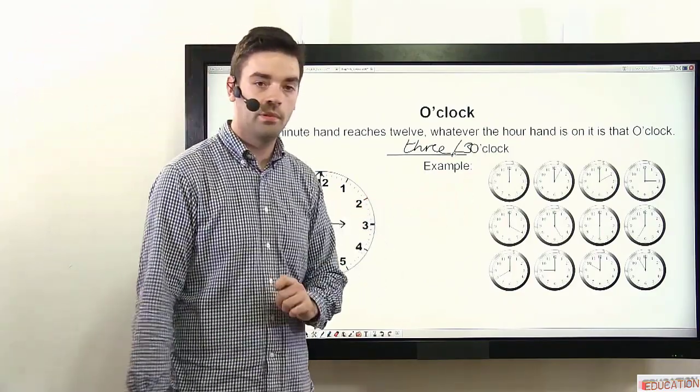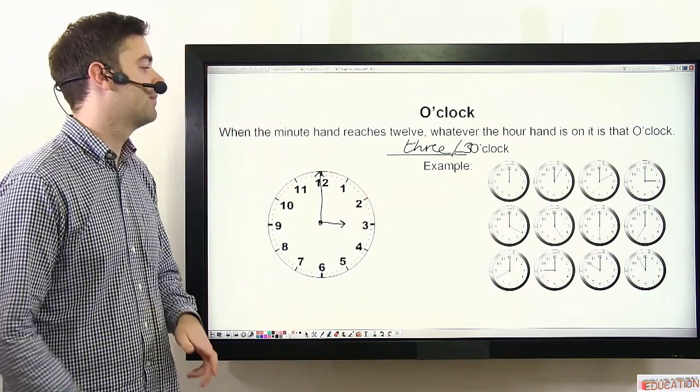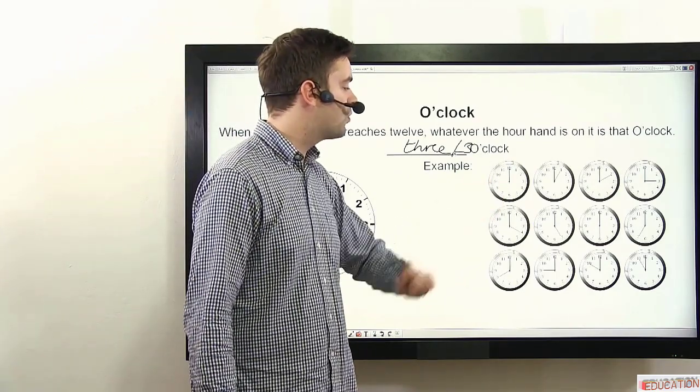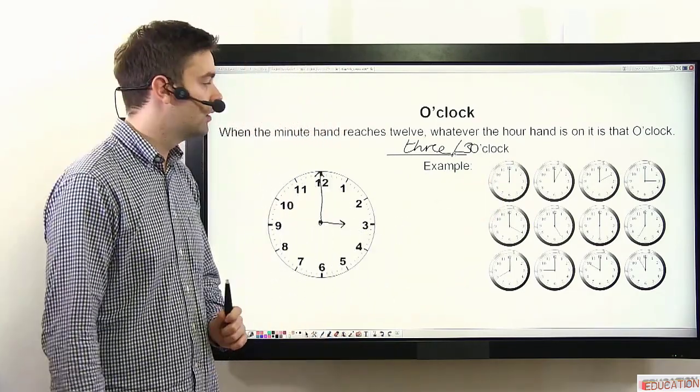Here we have some examples of o'clocks. This is 12 o'clock.